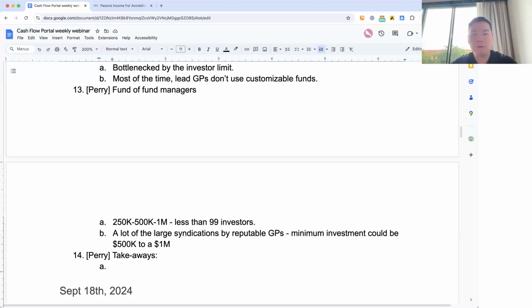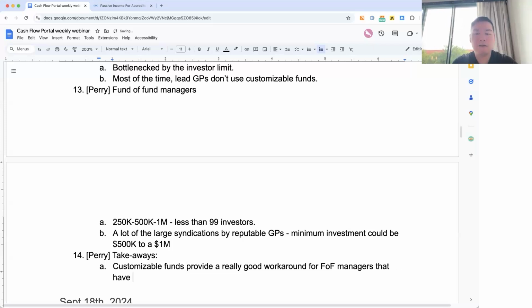And for some of the larger development deals and multifamily syndication, that's also the case. So the takeaway is customizable funds provide a really good workaround for fund of fund managers that have diverse interests and connections, and they can raise for different things.